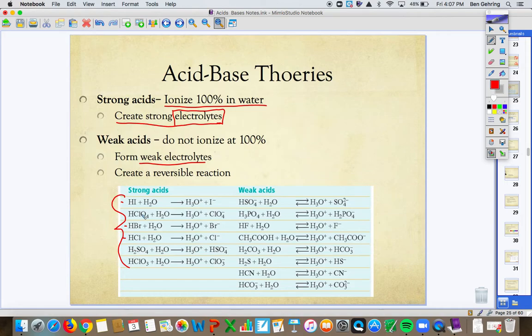Your other strong acids are perchloric, sulfuric, chloric, and the last one that's not on this table is nitric acid, which produces H3O+ and nitrate. So nitric acid is also a strong acid. So these are your 7 strong acids that you have to know. Everything else is a weak acid.